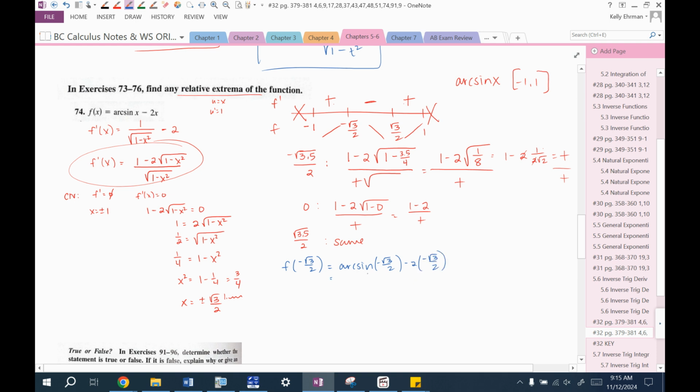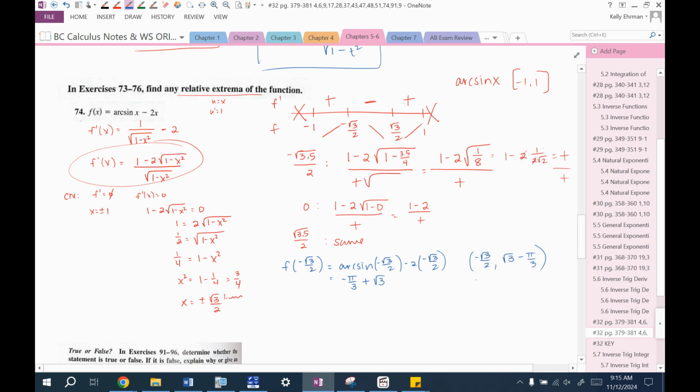So what does that come out to? Arc sine of negative radical 3 over 2, that's negative pi over 3 plus, these 2's cancel, radical 3. Okay, so negative radical 3 over 2, and then I'm going to call it radical 3 minus pi over 3.